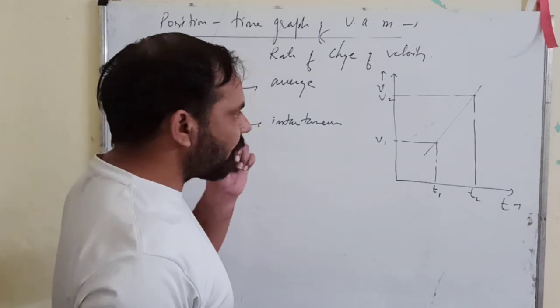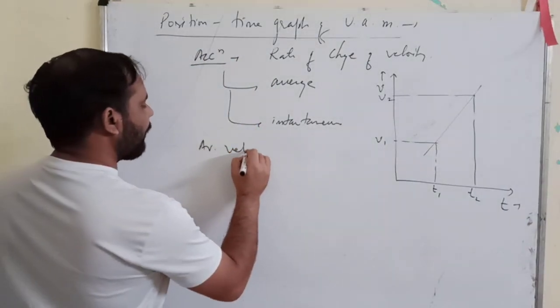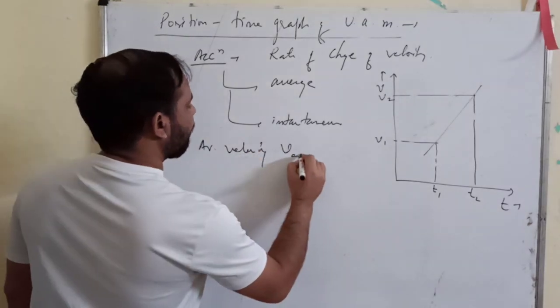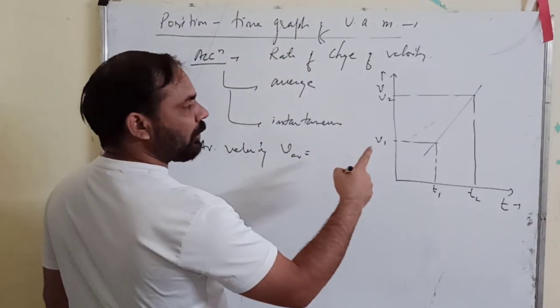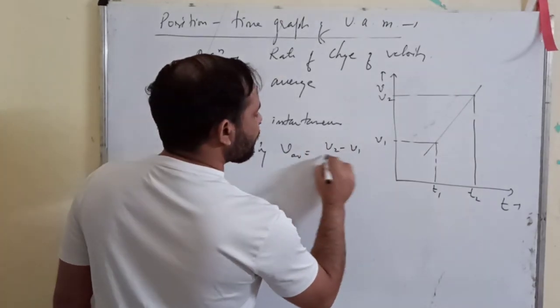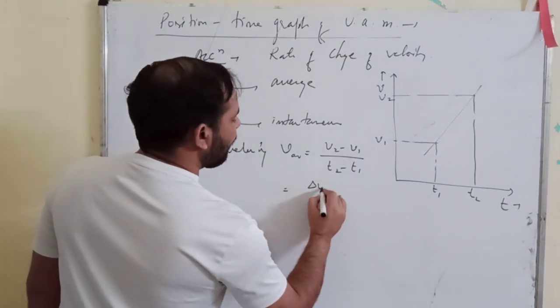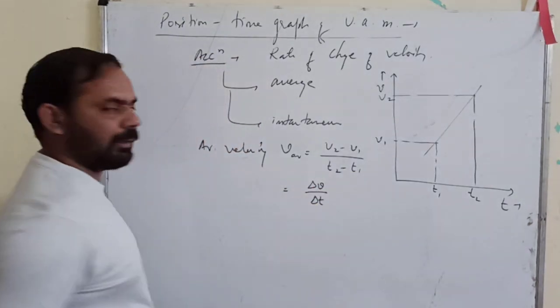How will you find the average? Average velocity equals total change in velocity, v2 minus v1 upon t2 minus t1, that is delta v upon delta t.